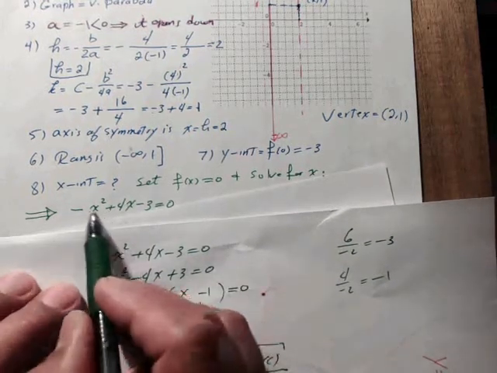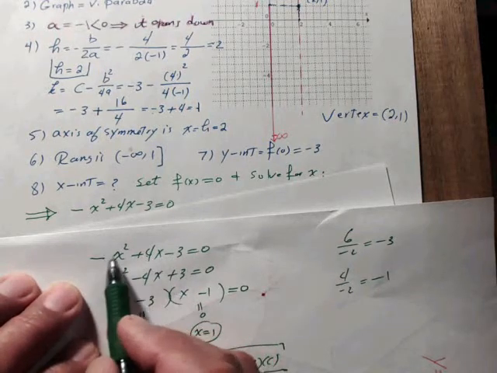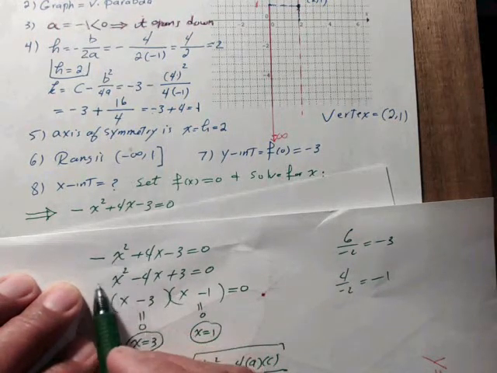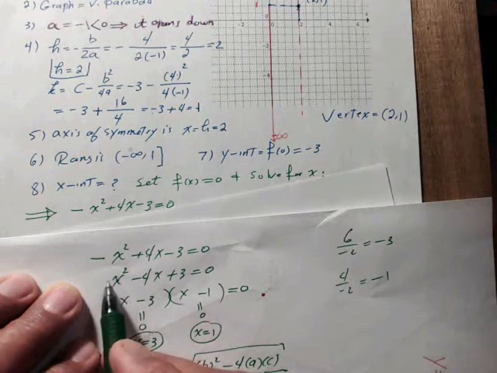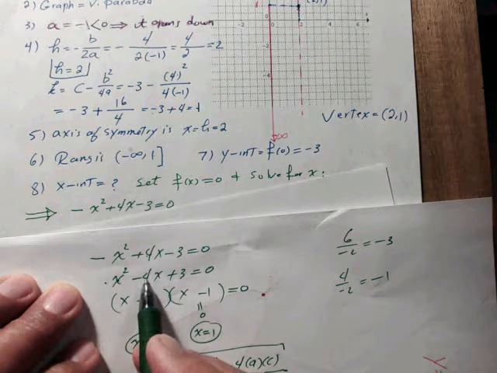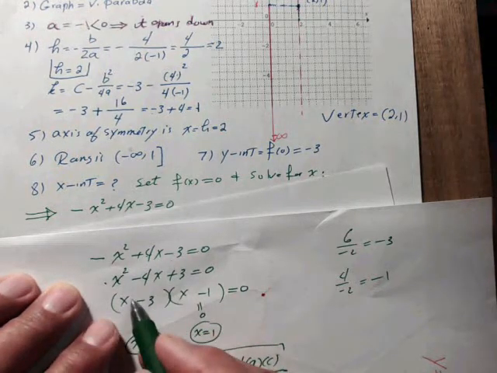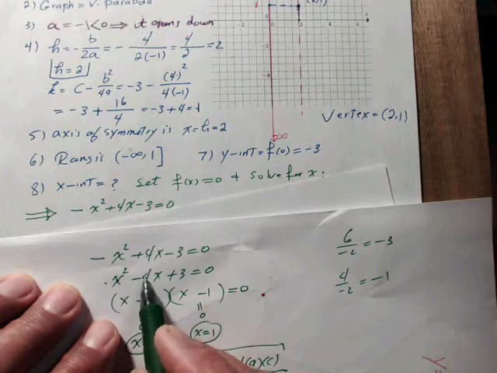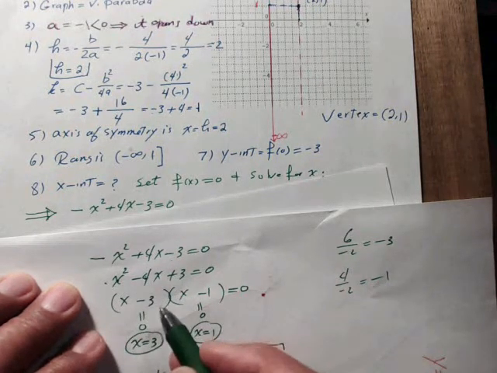I have minus x squared plus 4x minus 3. I want x squared to be positive, so I multiply each term by a negative: positive x squared, negative 4x plus 3. Then I look for two numbers that add up to negative 4 and whose product is 3, as you may remember from intermediate algebra.